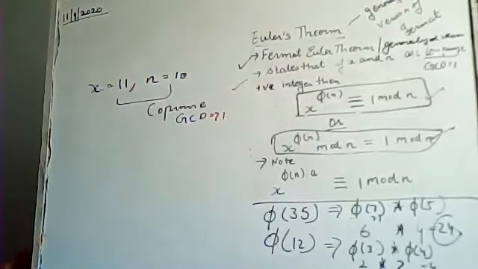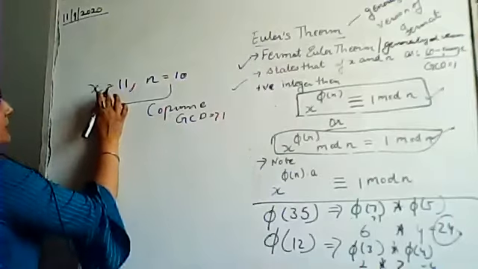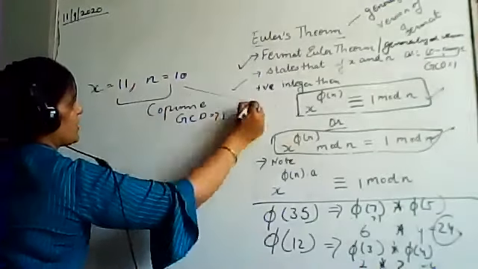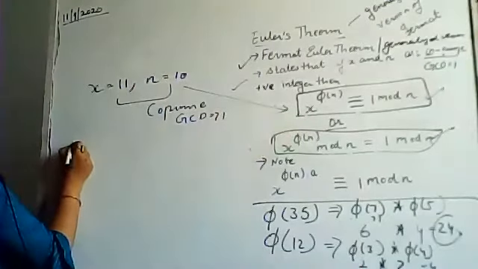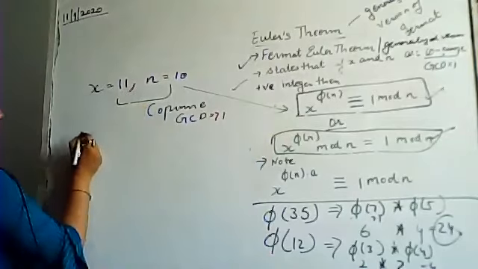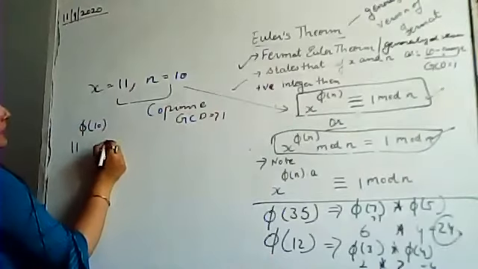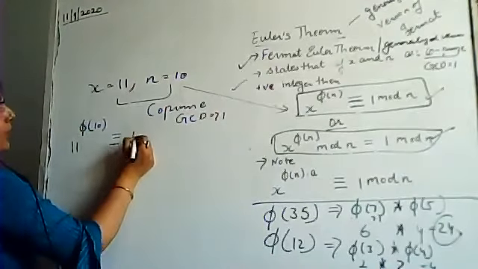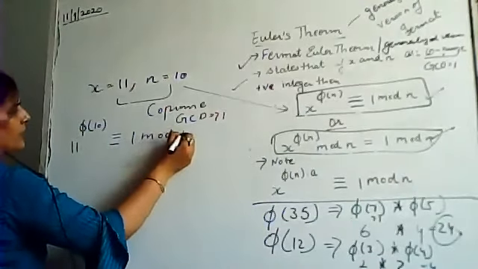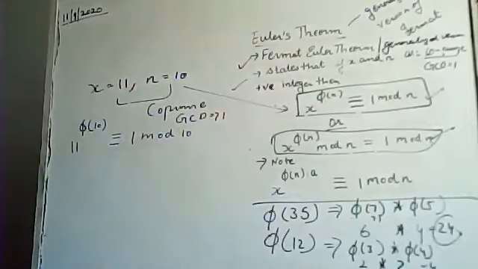Clear? So when they are co-prime, how can we represent this term? If we substitute these values, we have 11 raised to power phi(10) congruent to 1 mod 10. So we have 1 mod 10 over here.